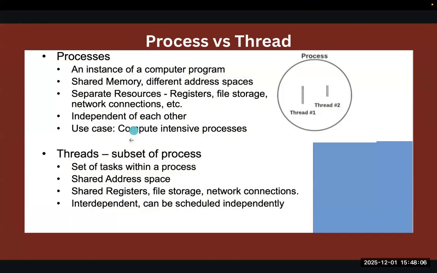Threads are a subset of a process, meaning that they share memory, registers, and resources, which makes them efficient for communication, but it also introduces synchronization challenges. Processes are great for compute intensive tasks. Threads are great for splitting small tasks inside one program.